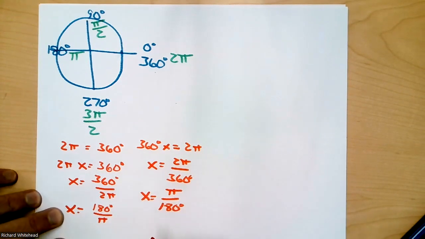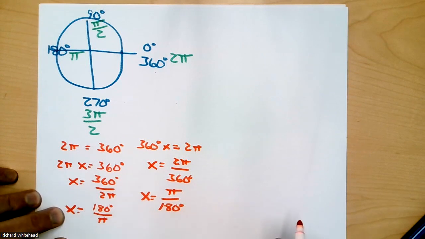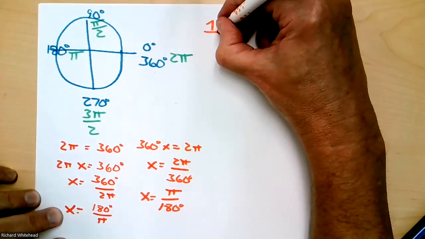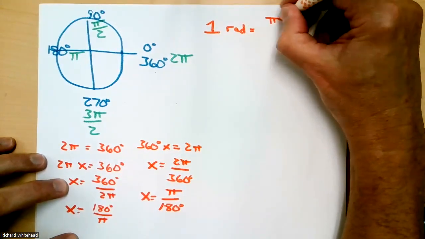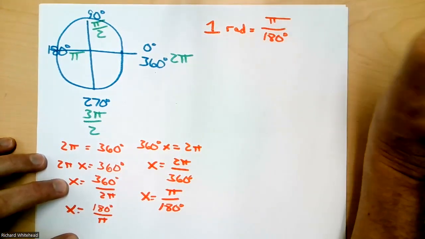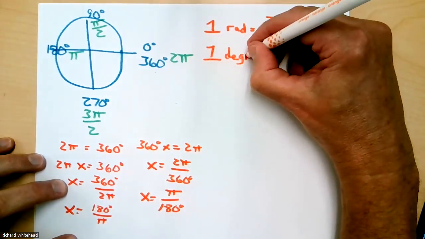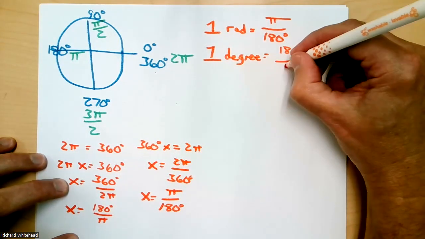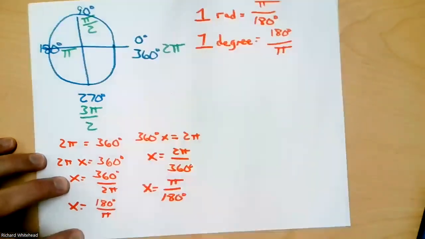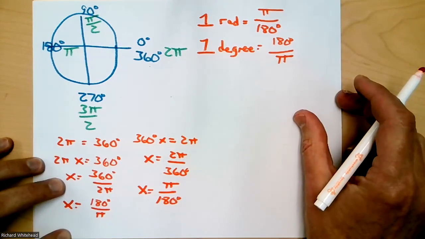So basically, 1 degree is equal to pi over 180, and 1 radian is equal to 180 over pi. So these end up being our two big conversion factors.